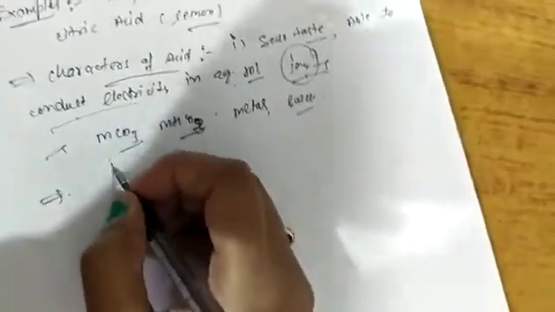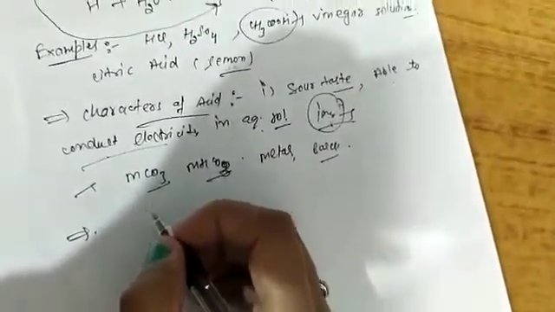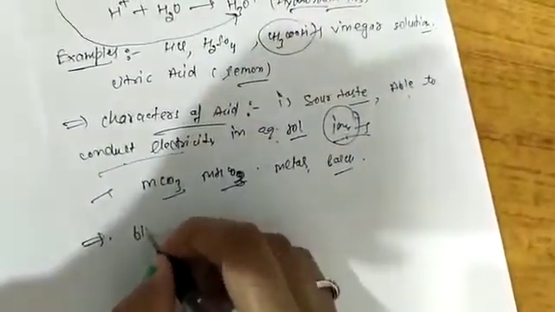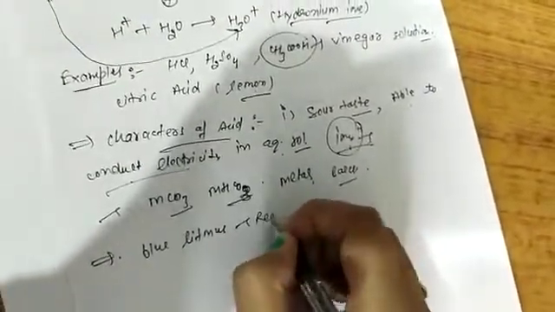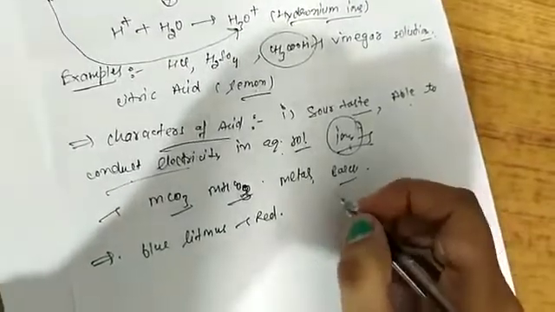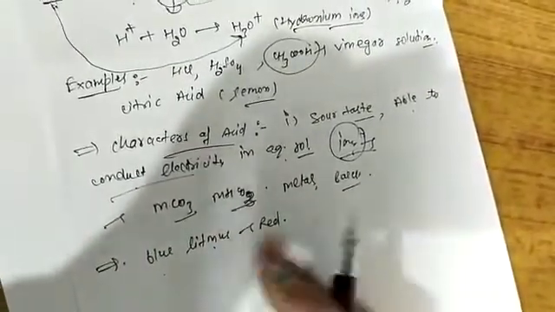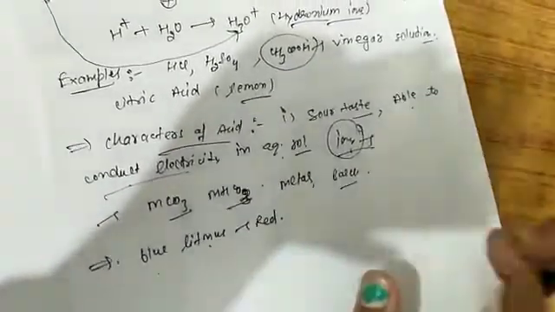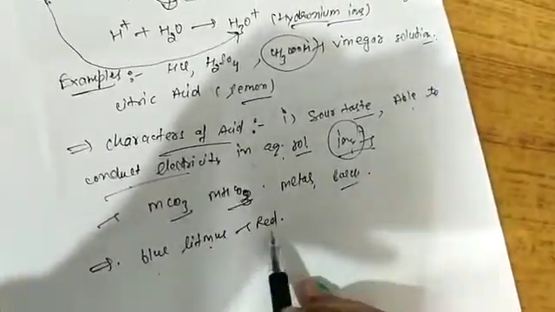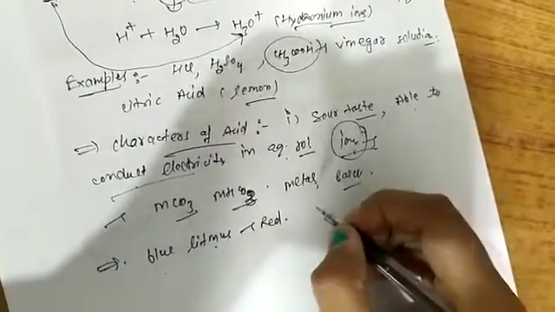The first one is all acids turn blue litmus to red, and on the red litmus there is no effect of an acid. The red litmus remains as it is in acid, but the blue litmus turns into red in acidic solution.